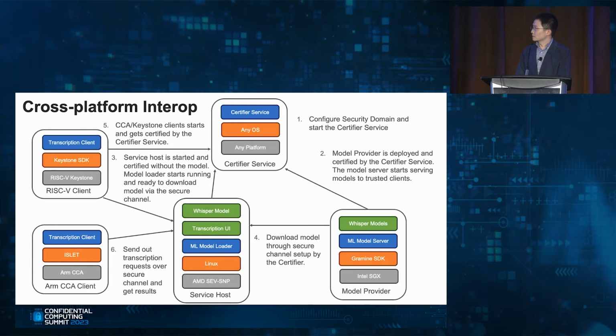And then on the consumption side, we will have different clients that are going to be able to send requests to the service host to get the transcript for the audio file. And in this image, you see 2 different clients. One of them is based on RISC-V Keystone, and the other one is ARM based on CCA and the iLED SDK from Samsung.